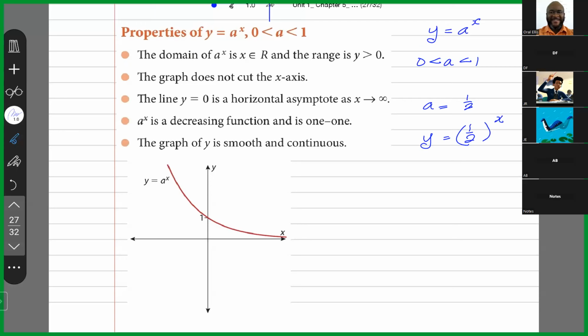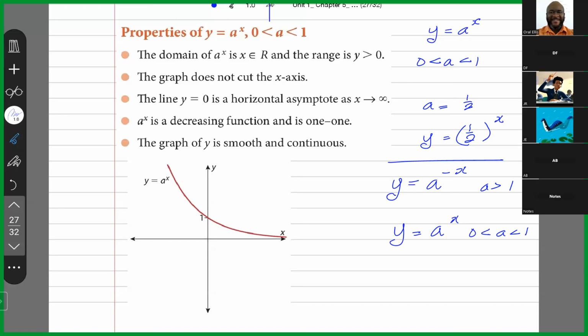And you'll notice that the graph of y is equal to a to the minus x, where a is greater than 1, is similar to the graph of y is equal to a to the x, where a is less than 1 but greater than 0.